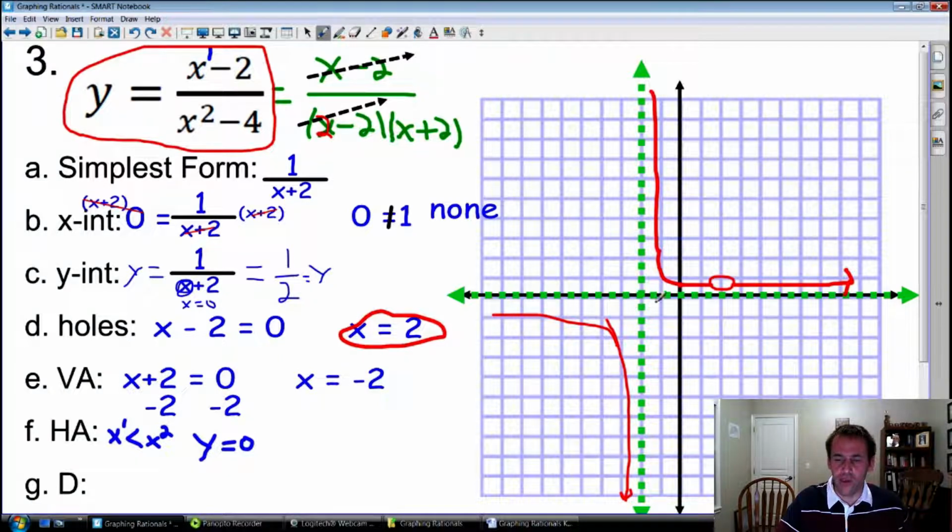If you want to be exact with values, that'd be a good idea, like 1, 2, 3. At negative 4, what would this be? Well, that'd be negative 6 over negative 4 squared, which is 16. 16 minus 4 is 12. So negative 6 over 12 is a negative half. So we'd go negative 1, 2, 3, 4, and then down negative a half.